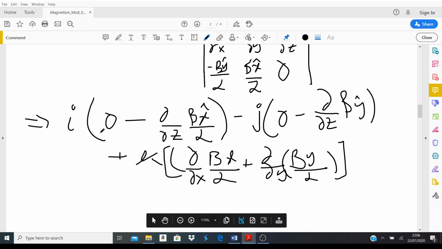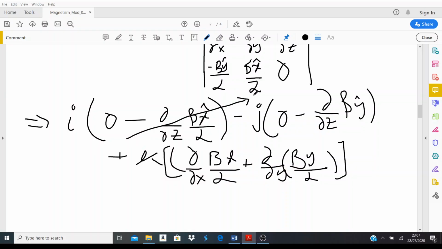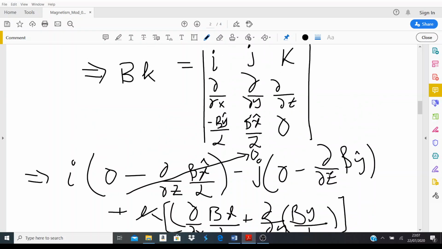So let's see what we have here. We are differentiating with respect to z. The b is a constant, right? And x does not depend on z. So this quantity is definitely 0. Here we are differentiating with respect to z, and we are differentiating the y, right? The y is independent of z. So this one is also 0.